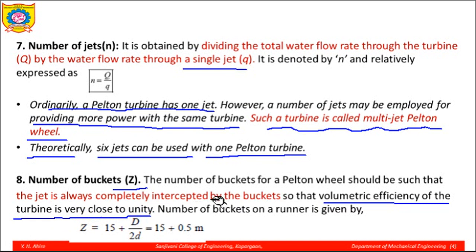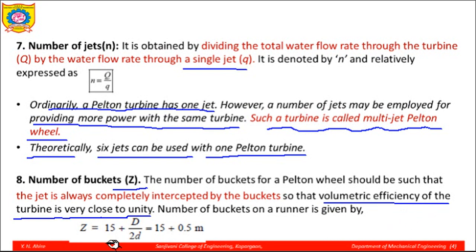There should not be too many buckets, otherwise the jet will not strike one bucket at a time. Also there should not be too few buckets. That will lead to direct leakage loss, and that will reduce the volumetric efficiency of the Pelton turbine.